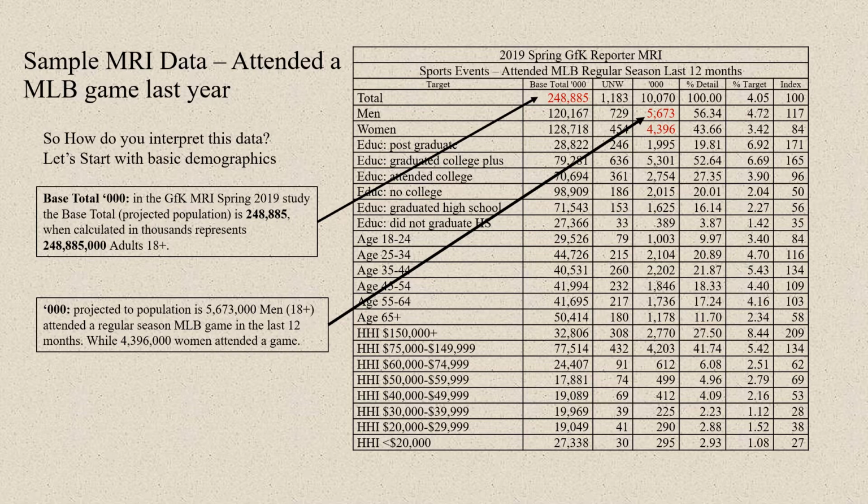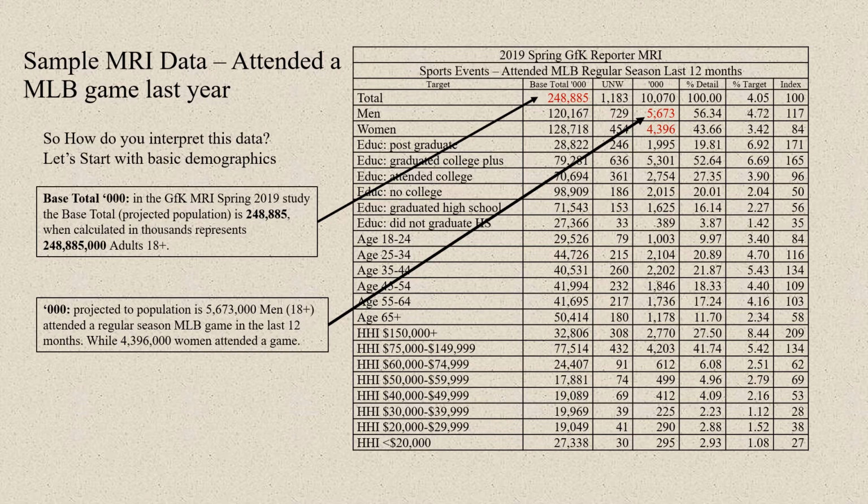Okay. And so I'm going to show you how to read this data so that you know how to interpret it and you know how to use it for other purposes. All right. So the very first thing to look at is what's called the base total. All right.